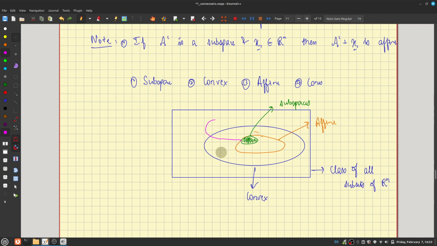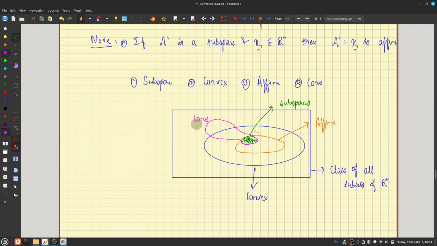Because again, every affine set is some shift of a subspace, and a cone should always contain the origin. And if the affine set has to contain the origin, it should be a subspace. So the inclusion structure looks something like this. Right? So this is the class of all cones.